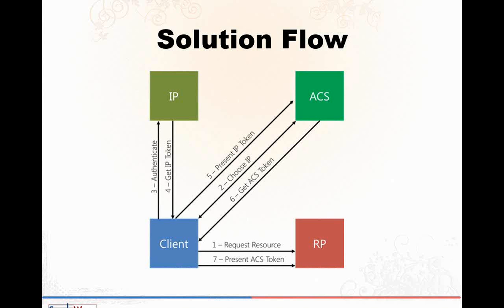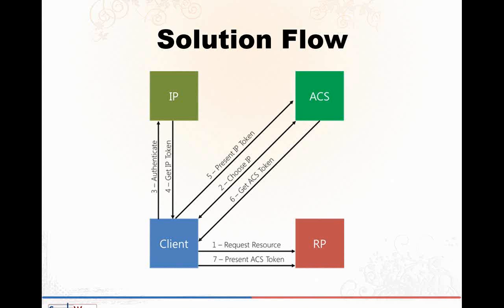Here there are a few acronyms being shown. IP is called the identity provider. An identity provider is nothing but an authentication provider like Active Directory or Google or Windows Live ID or even Yahoo. That is what is called an identity provider, which offers an authentication mechanism.